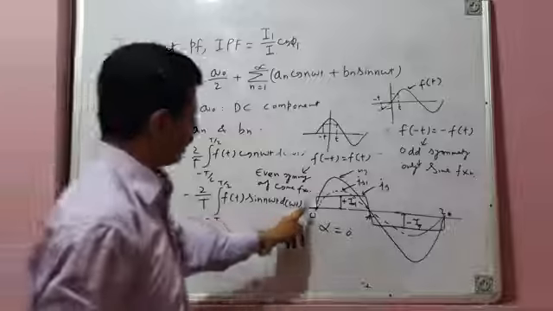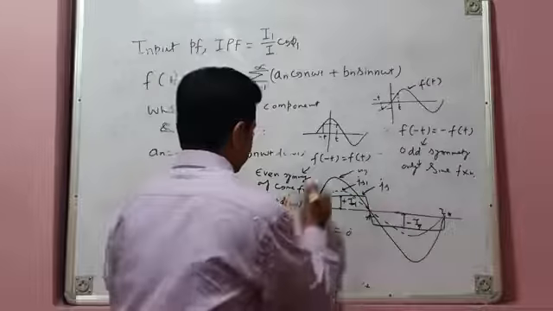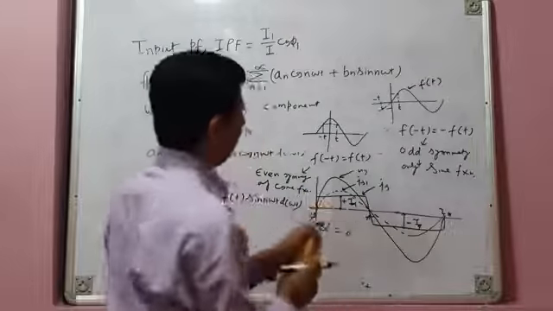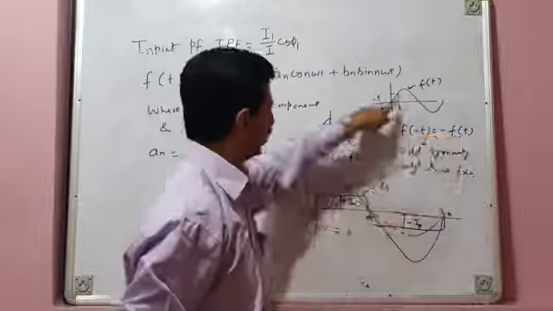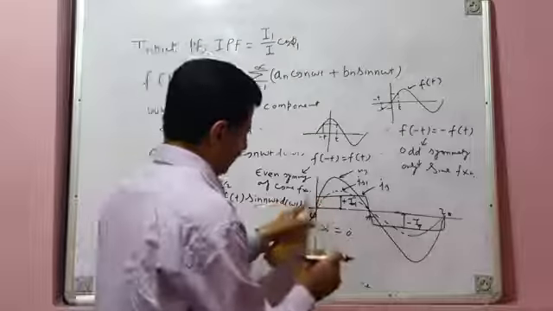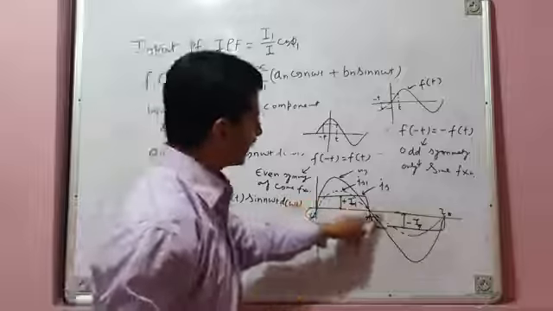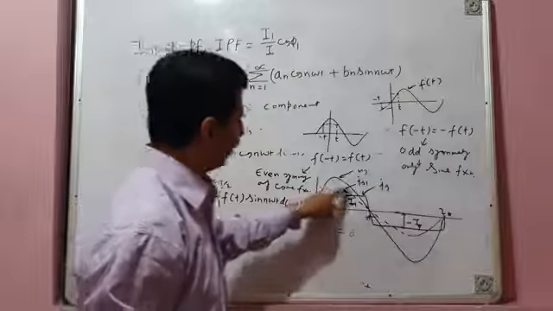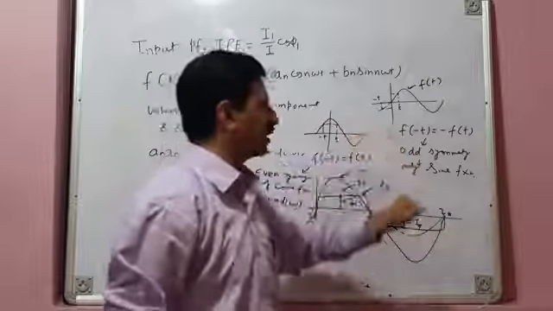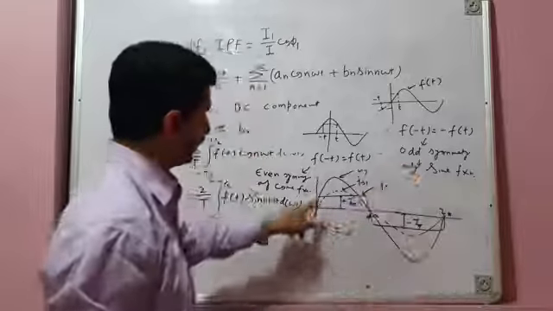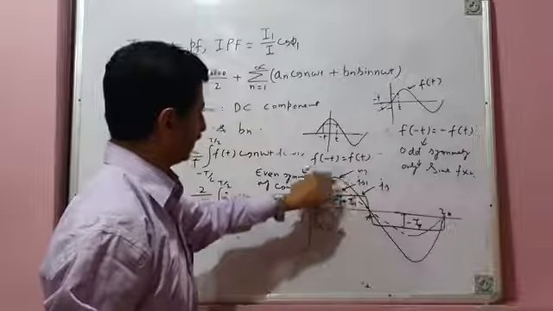So your source current waveform is like this. If you see this, f of minus t is equal to minus f of t applies. So this source current waveform, its fundamental component, has odd symmetry. It has only sine functions, not cosine functions.